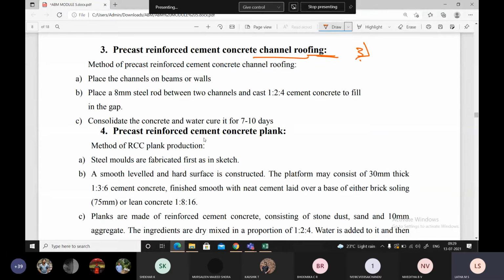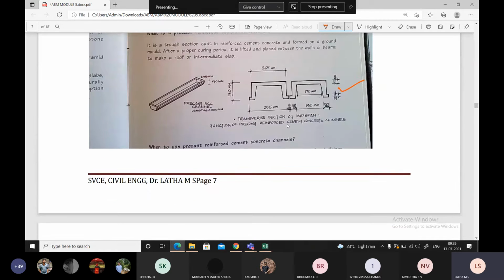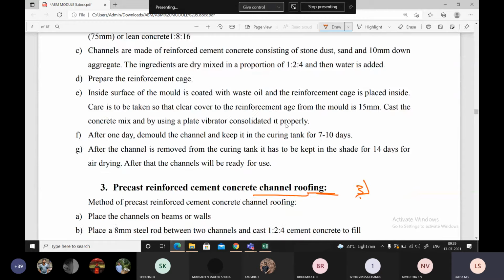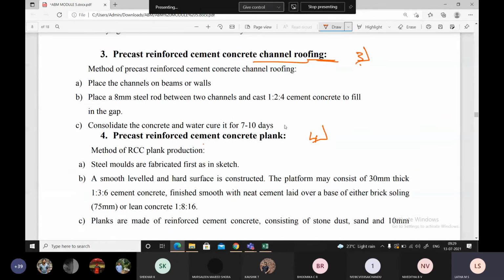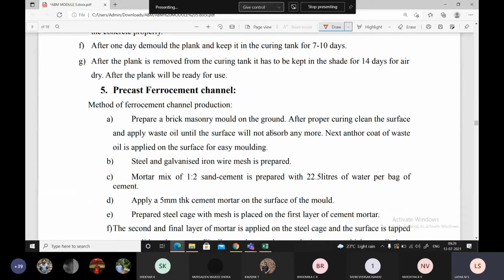And the fourth type you find is the reinforced cement concrete plank, a plank made up of only precast cement concrete. So first one you found as a lintel, second one as channels, third one as channel roofing, fourth one as a concrete plank, then fifth one is precast ferro cement channels.